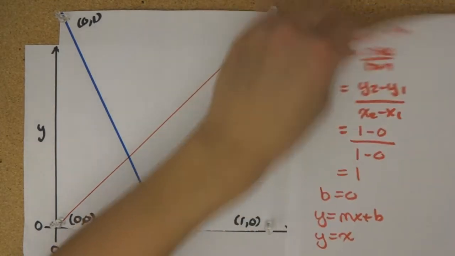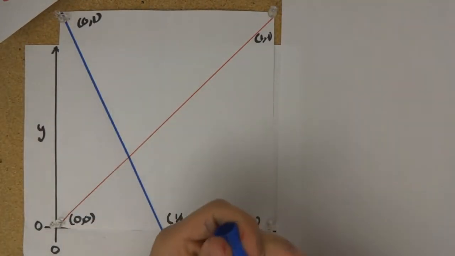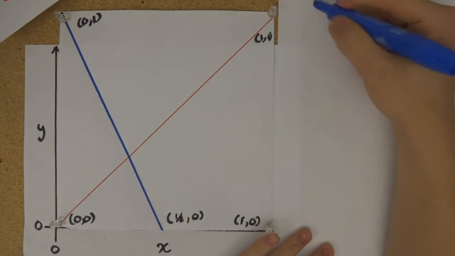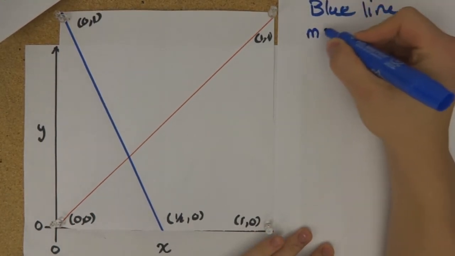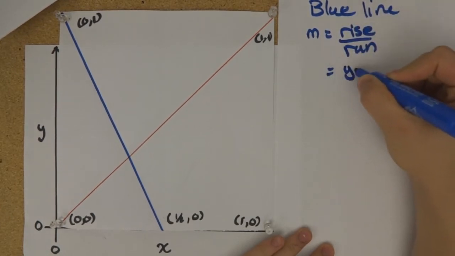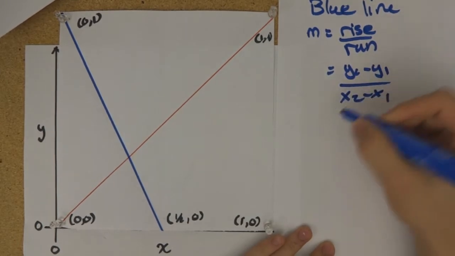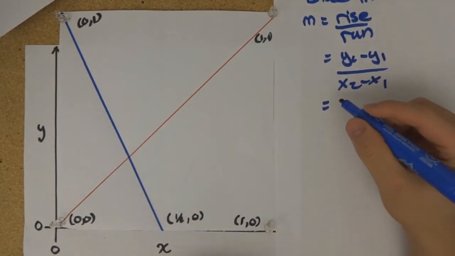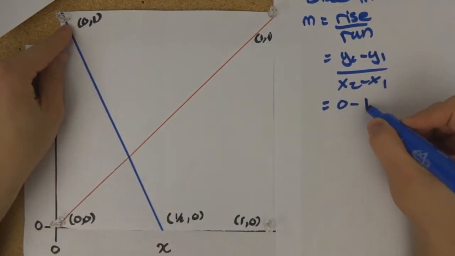Now we need to define the blue line. So we grab a new sheet of paper and a new color-coded marker and set off to work. So blue line, we have our slope. As always, we start off with rise over run. Mathematically, y2 minus y1 over x2 minus x1. Our y2 point here is 0, and our y1 point here is 1.